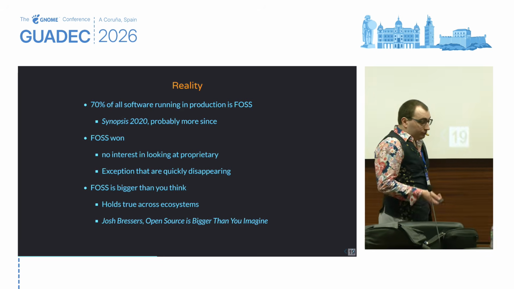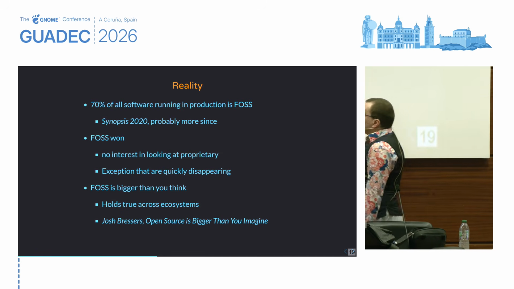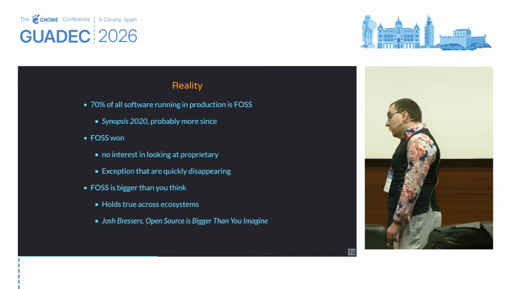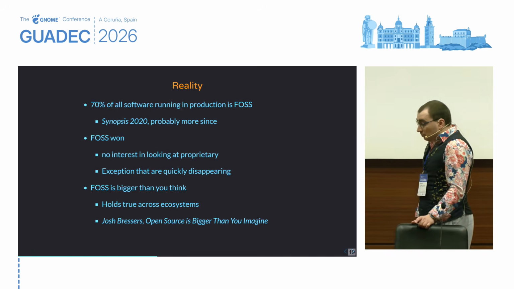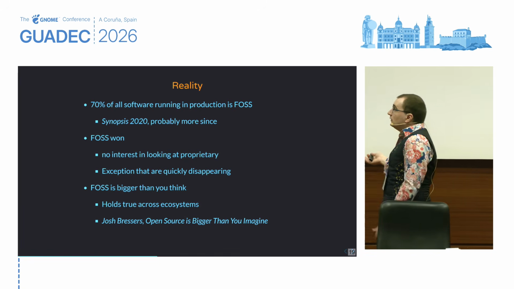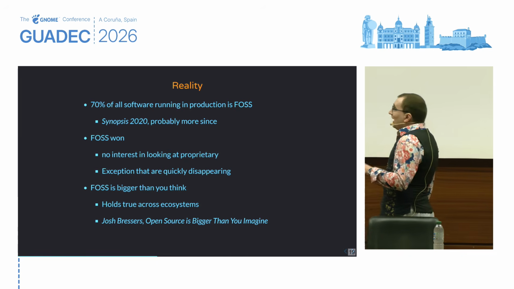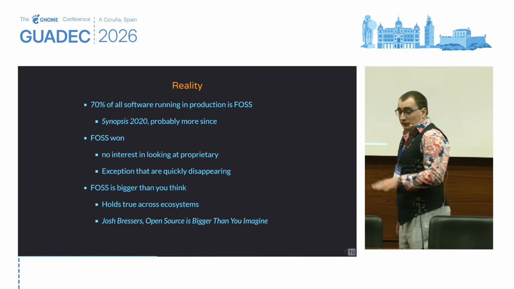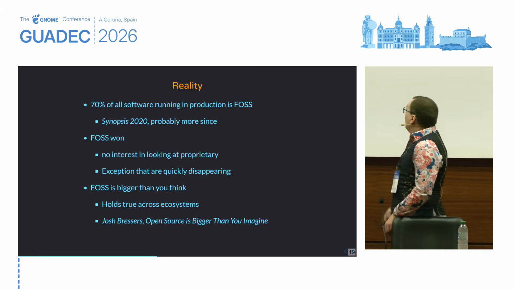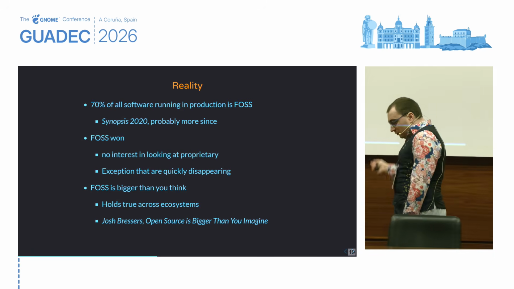So the other thing is that free and open software is bigger than you think. And that's also true for all of us that are dealing with this all the time and should know that. We know that, but the scale is so big that we cannot easily integrate this in how we think. I want to be clear. So research by a friend, George Brusher, looked at this.